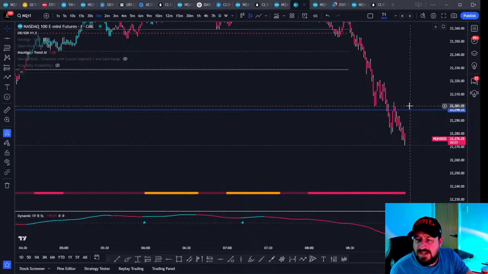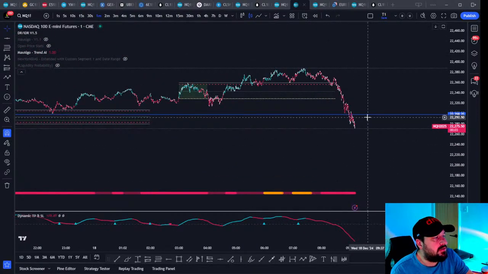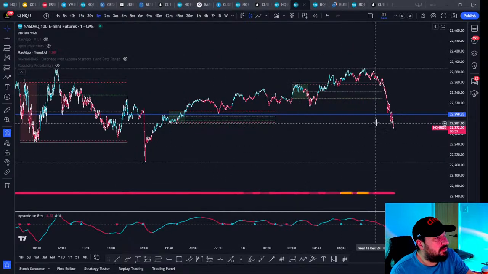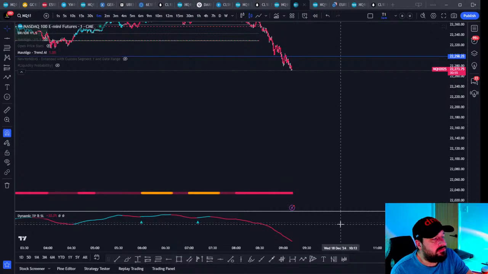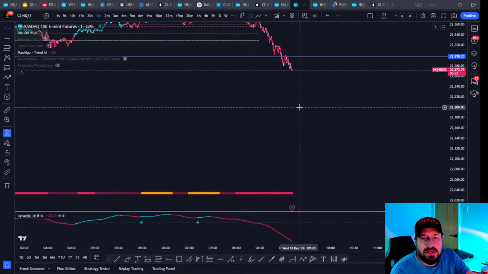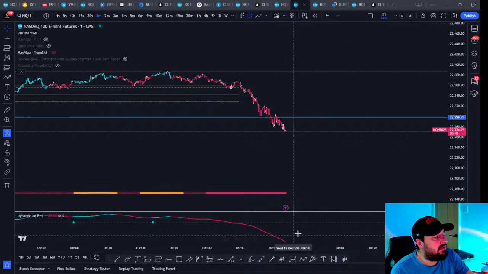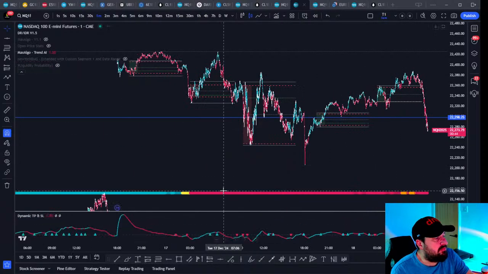So we've got 20 minutes. Here's the previous. So we could open with a gap and just carry on down, possibly. Or you're in quite a strong trend, right? And you can see here how bearish NQ's been since we transitioned.